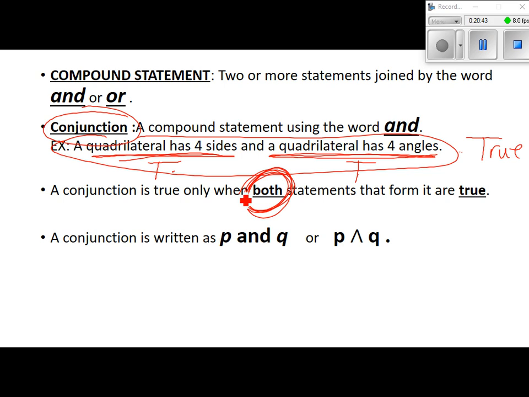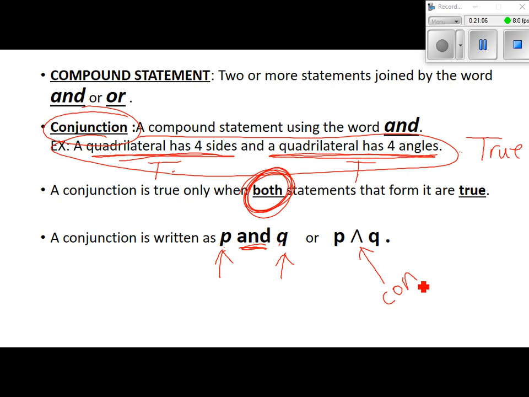A conjunction could be written this way, P and Q. Again, it's got the word and. P stands for some statement, Q stands for some statement. Don't make this harder than it is just because the book was lazy and had to stick stuff like that in there. The other thing, this right here is the symbol for a conjunction.